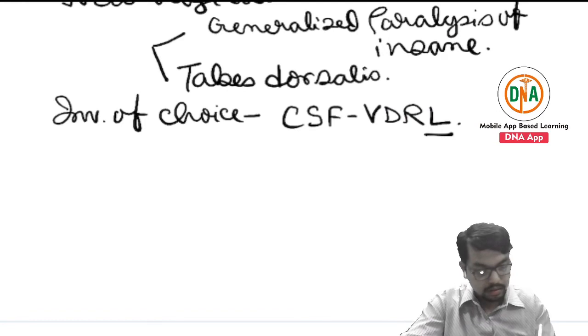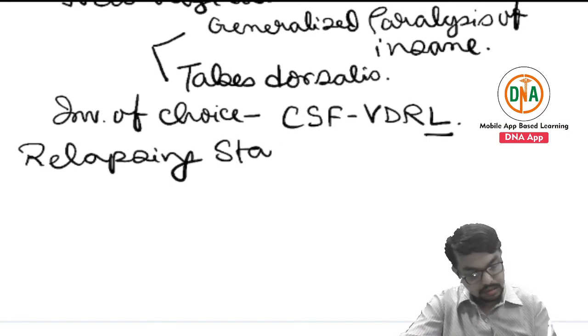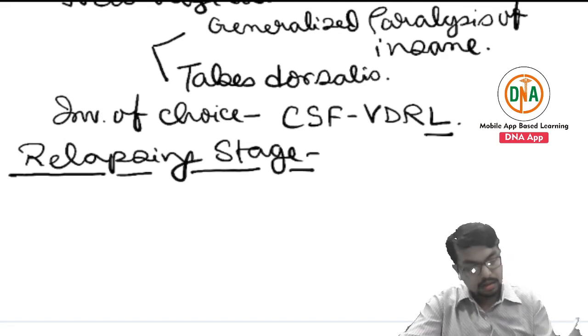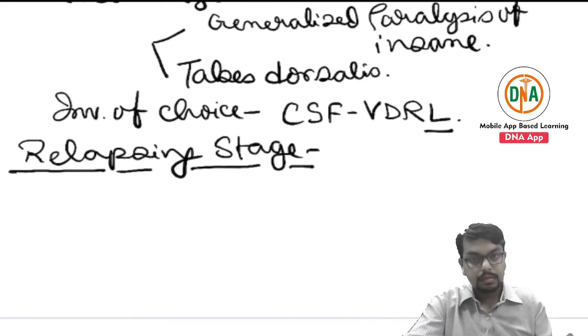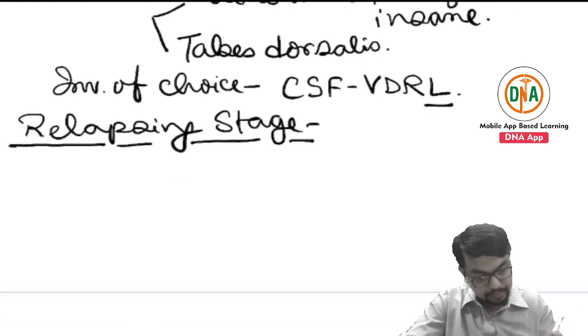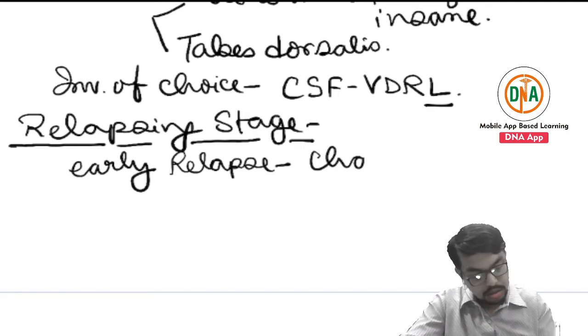Next, relapsing stage. After appearance of primary chancre, there is a chance of relapse. If relapse occurs in the early stage, then it is called chancre redux.